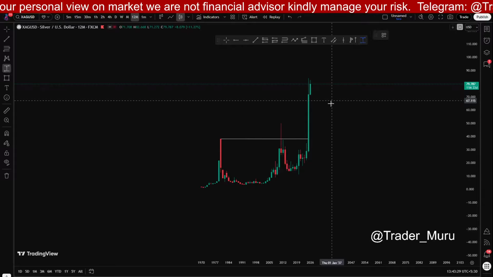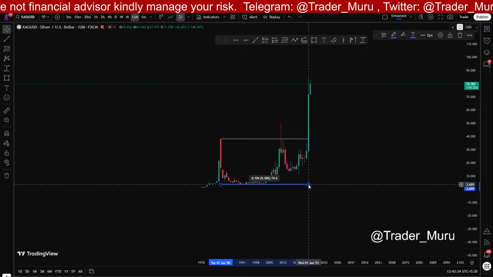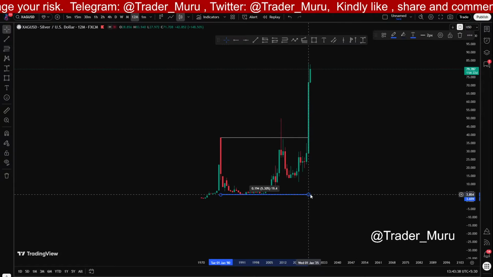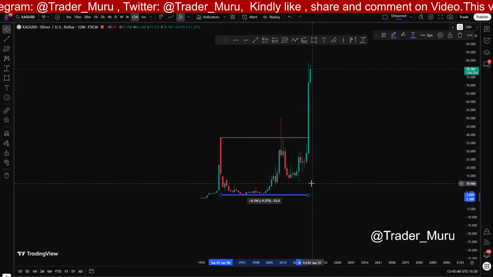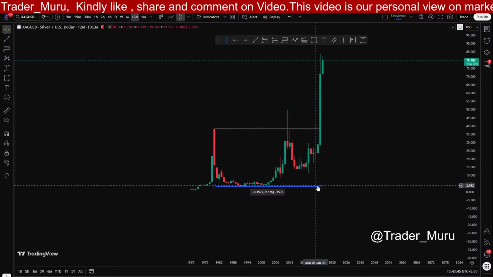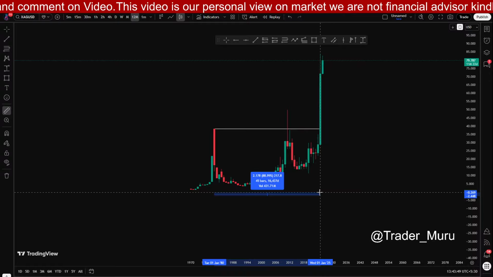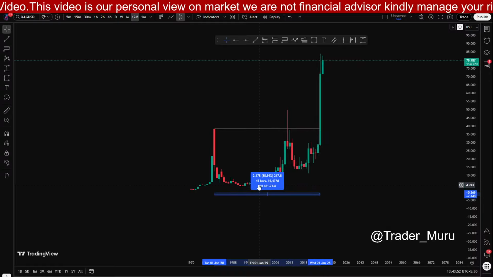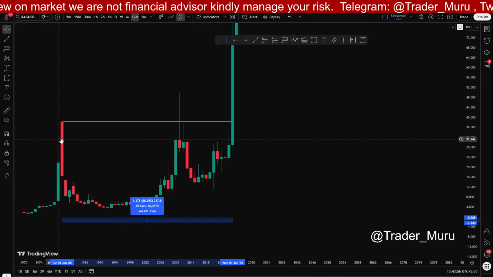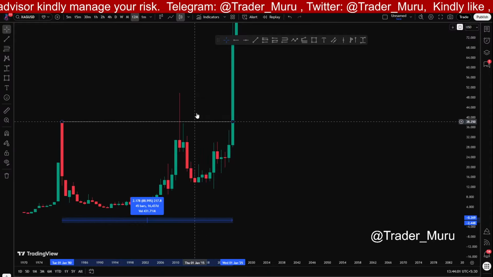So this is approximately 25 years. How many bars is it having? Okay, let me just count the candles. 45 bars, 45 years. So this is just a consolidation of 45 years which has broken now.